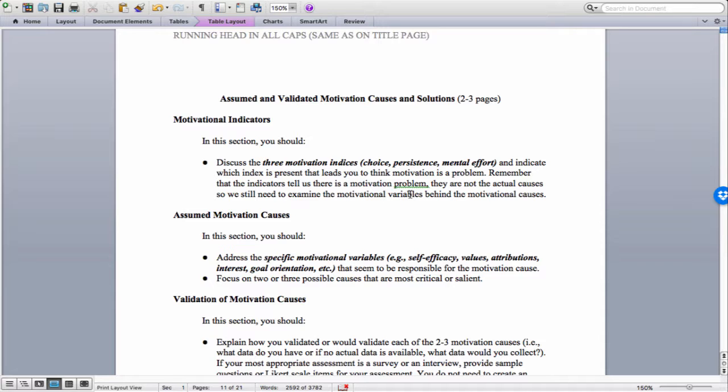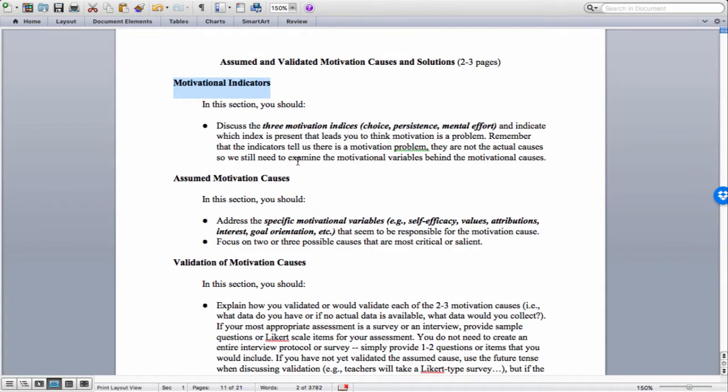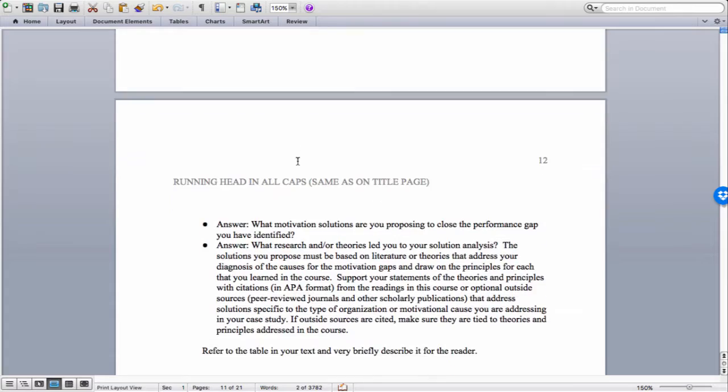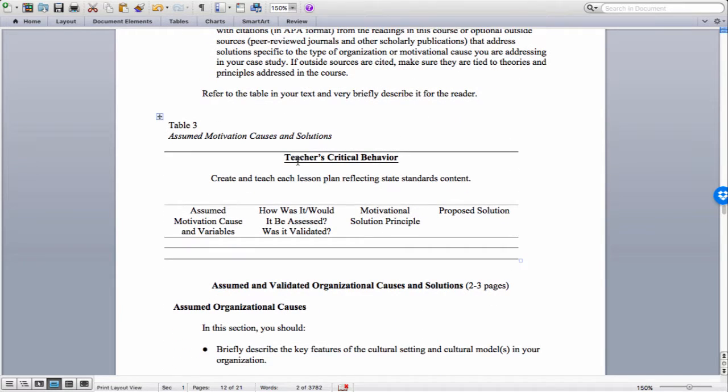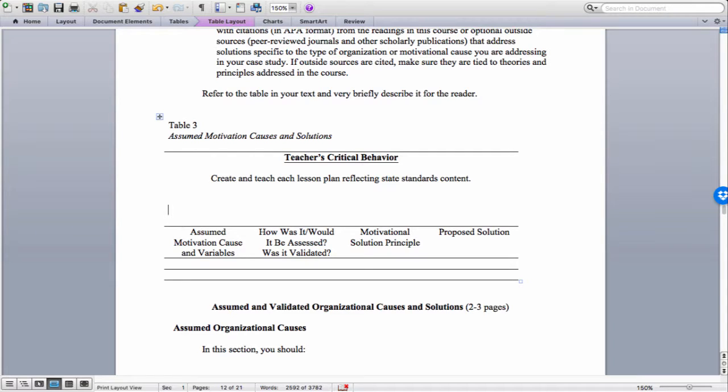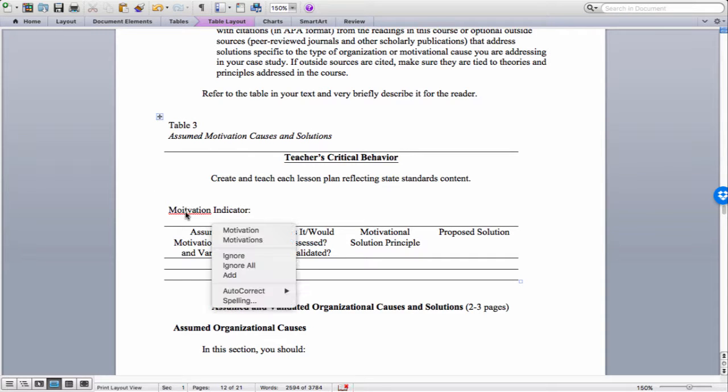Or are they applying mental effort, which means are they applying new knowledge to pursue this critical behavior? So the motivational indicators, you're going to be discussing them at the beginning of the motivation section. But down on the table, let's insert which one you are considering is the motivational indicator. So we'll put it right under the critical behavior and put the motivation indicator. Okay, and is it choice, persistence, or mental effort?